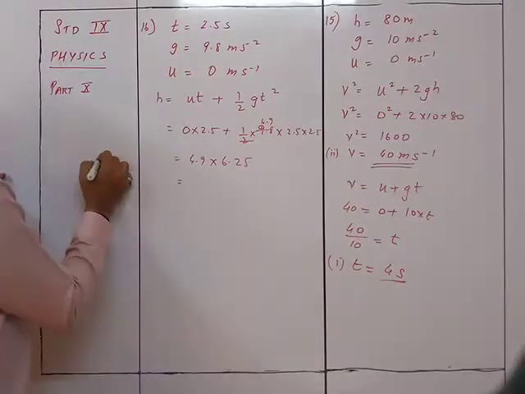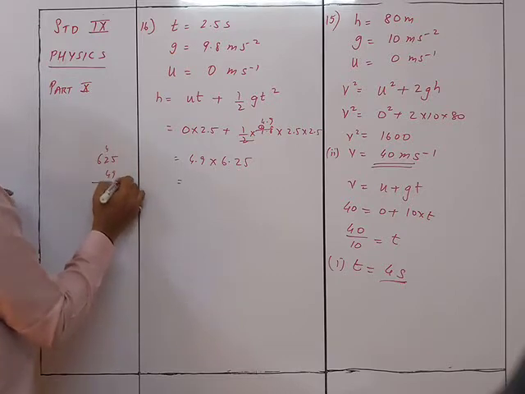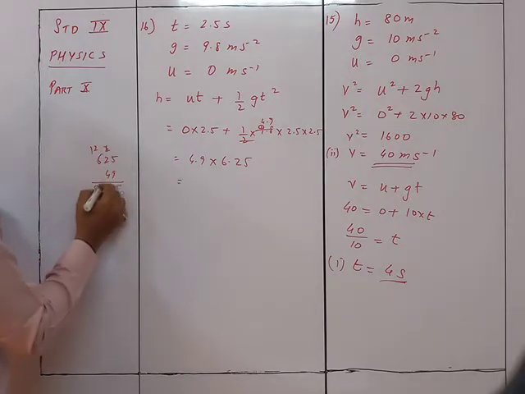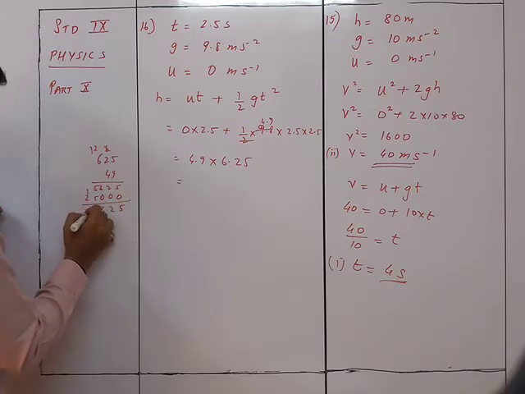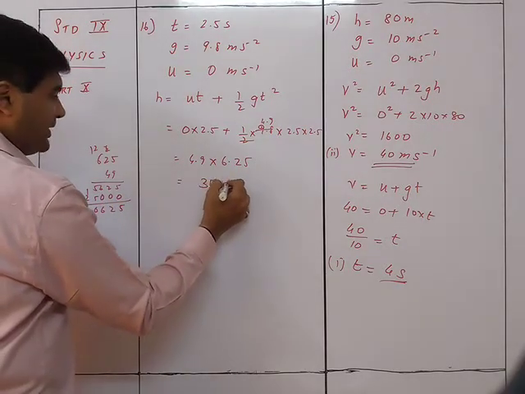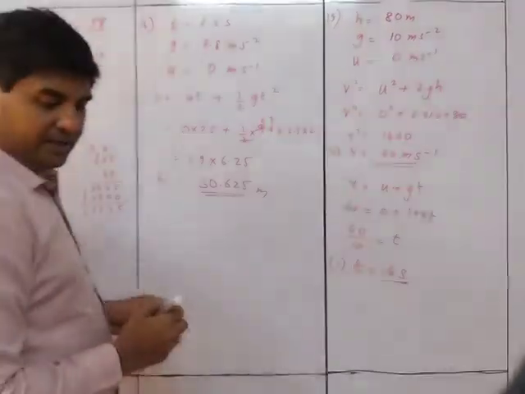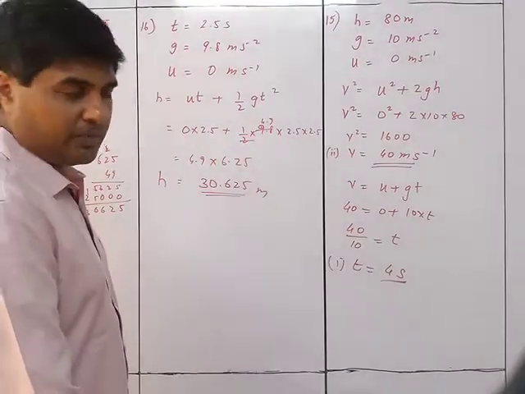That will be 625 into 49, which is 30.625 meters. So the height of the building is 30.625 meters, approximately 30.6 meters.